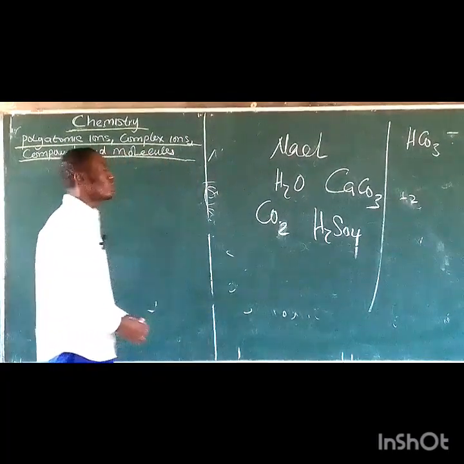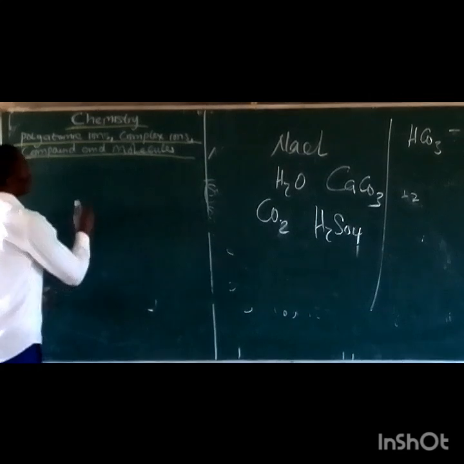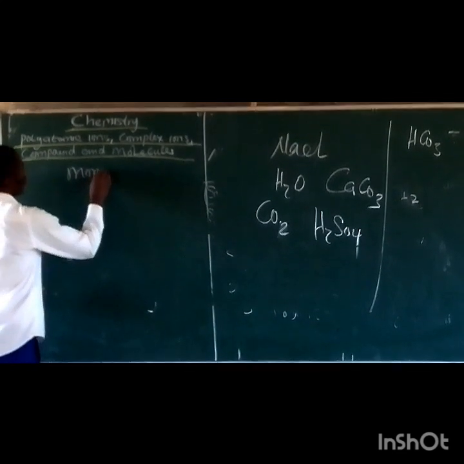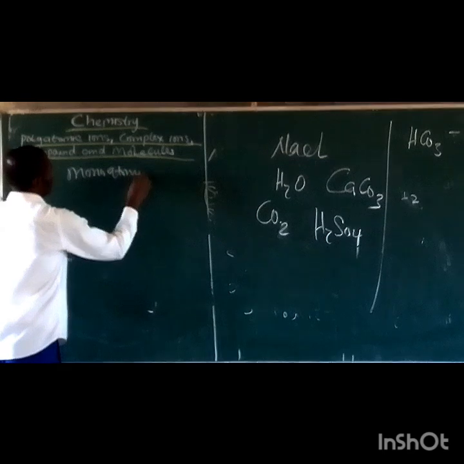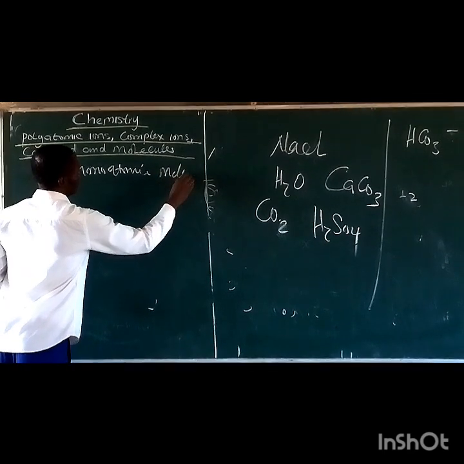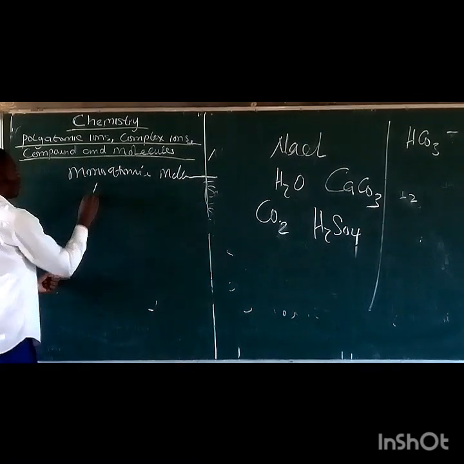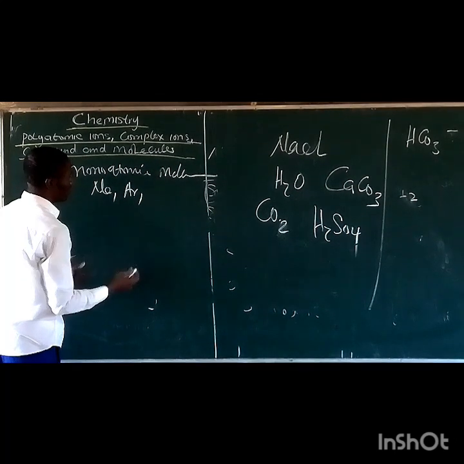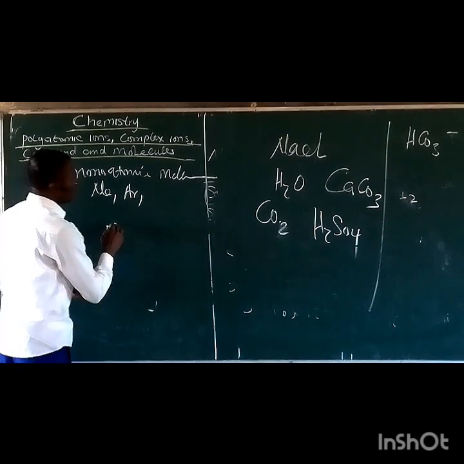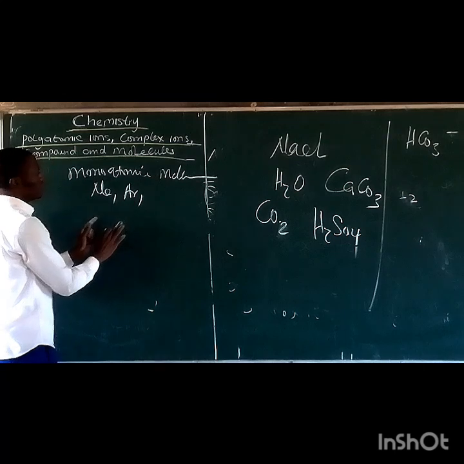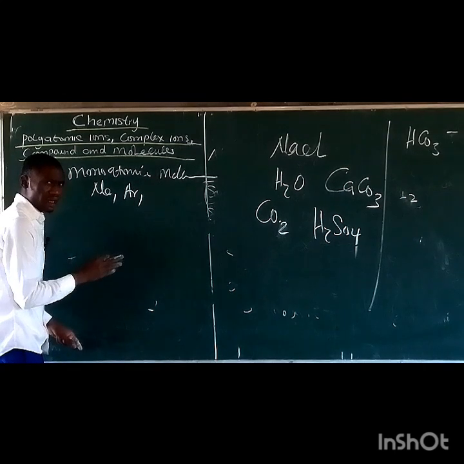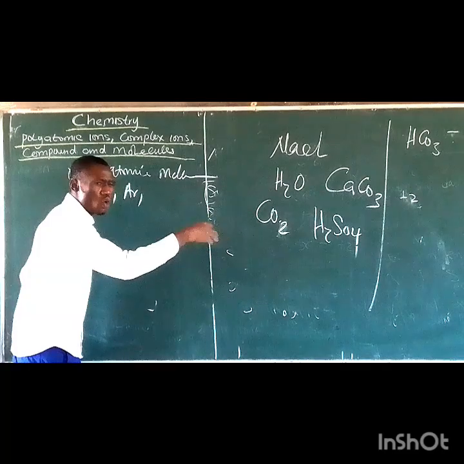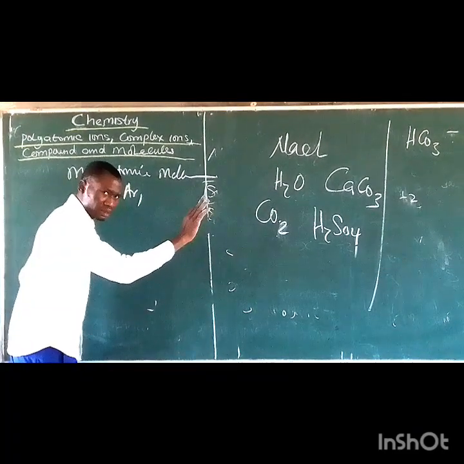We have monoatomic molecules, we have neon, we have argon, and lots of them in the group 8 elements. These are monoatomic elements.